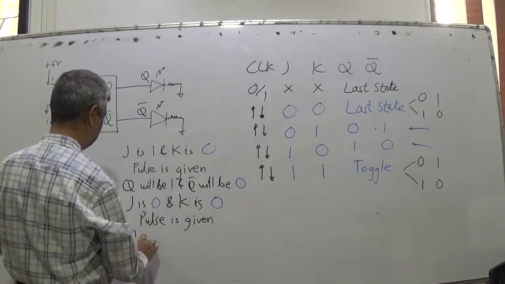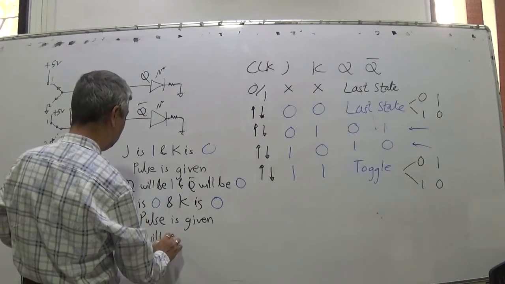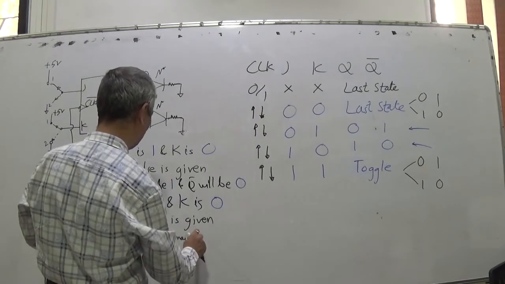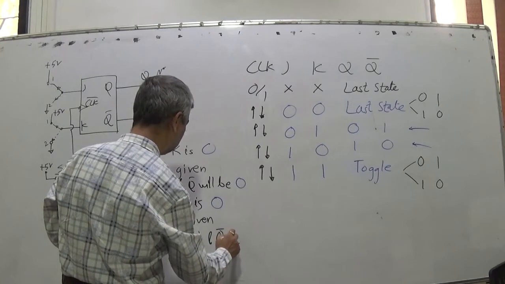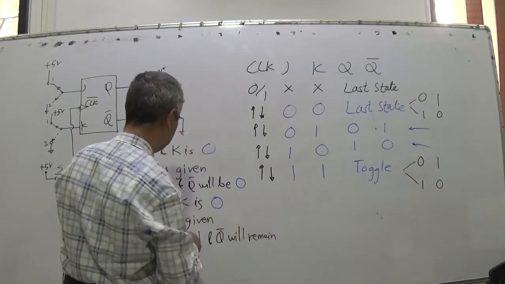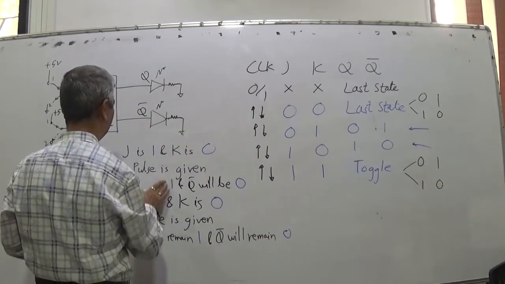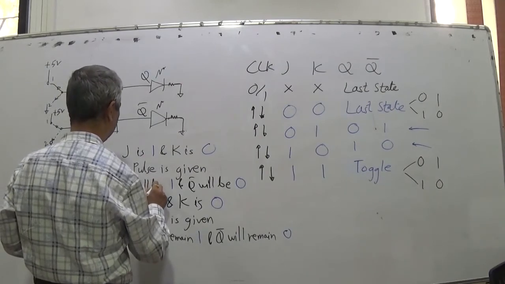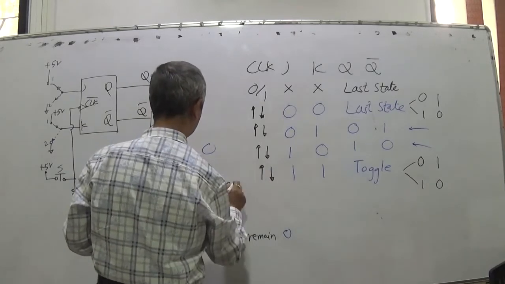Then Q will remain, I am using the word remain, Q will remain 1 and Q bar will remain 0. Instead of become, I use the word remain. I think you will understand the difference between Q will become here, and Q will remain here.